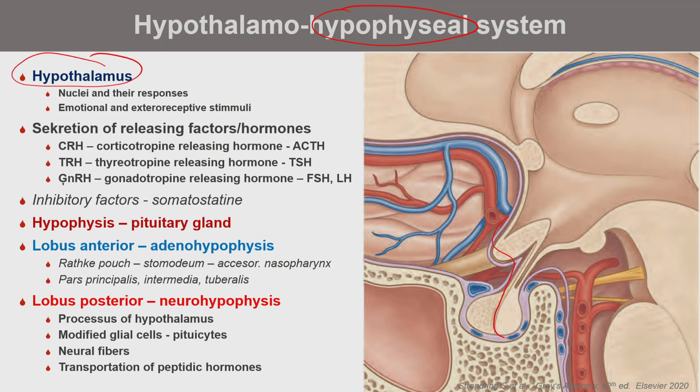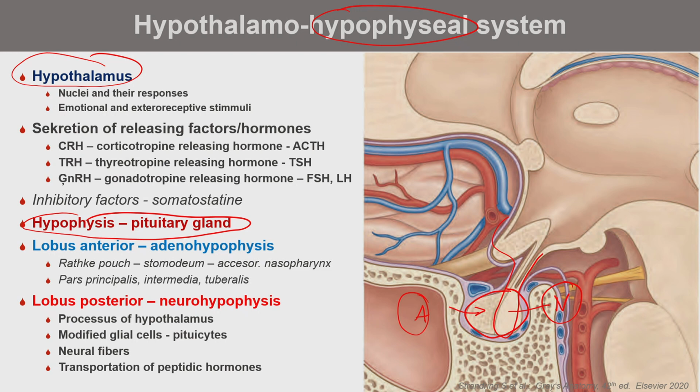Hypothalamus is a part of it, and the hypophysis, pituitary gland, is the whole gland, but has two parts. The anterior part is the lobus anterior, or adenohypophysis, and the second part, the posterior lobe, is the neurohypophysis.